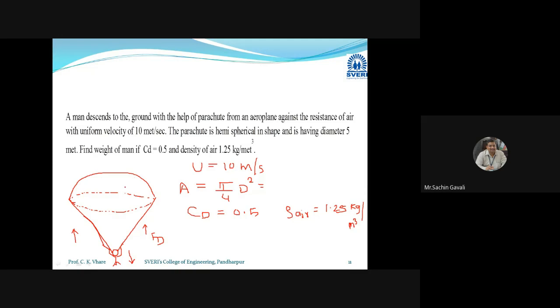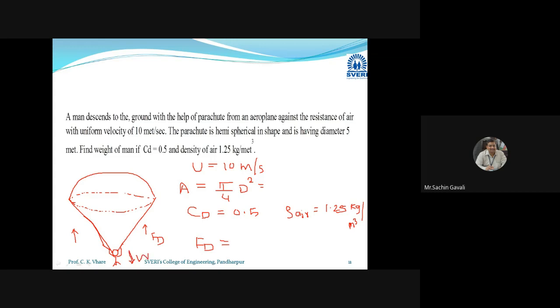Now the drag force is exerted here, but to make the equilibrium condition, this drag force should be equal to what? Anybody? The weight. The drag force is acting in the upward direction, and the weight of the body is acting in the downward direction.